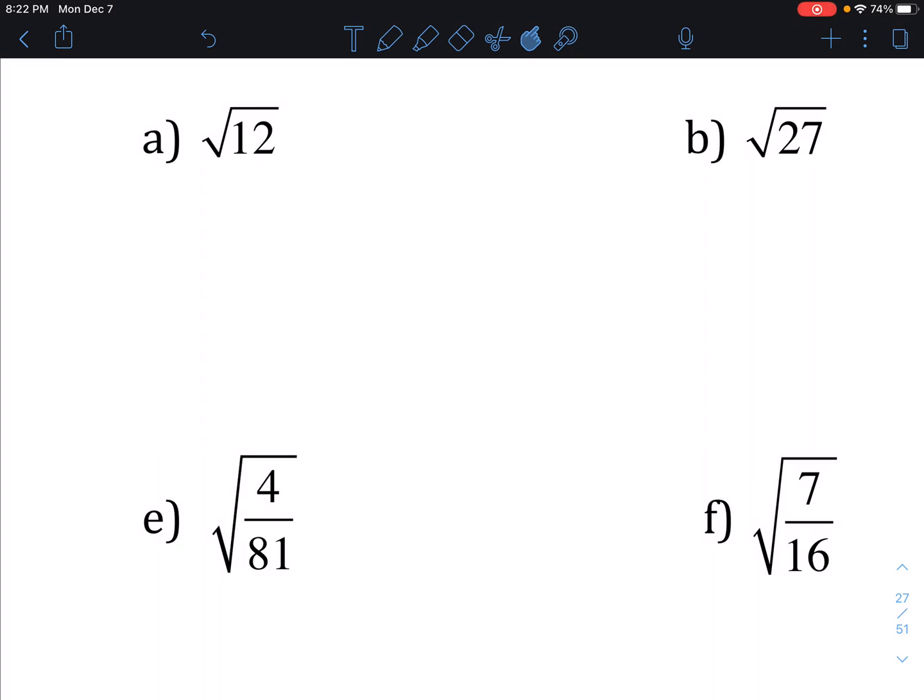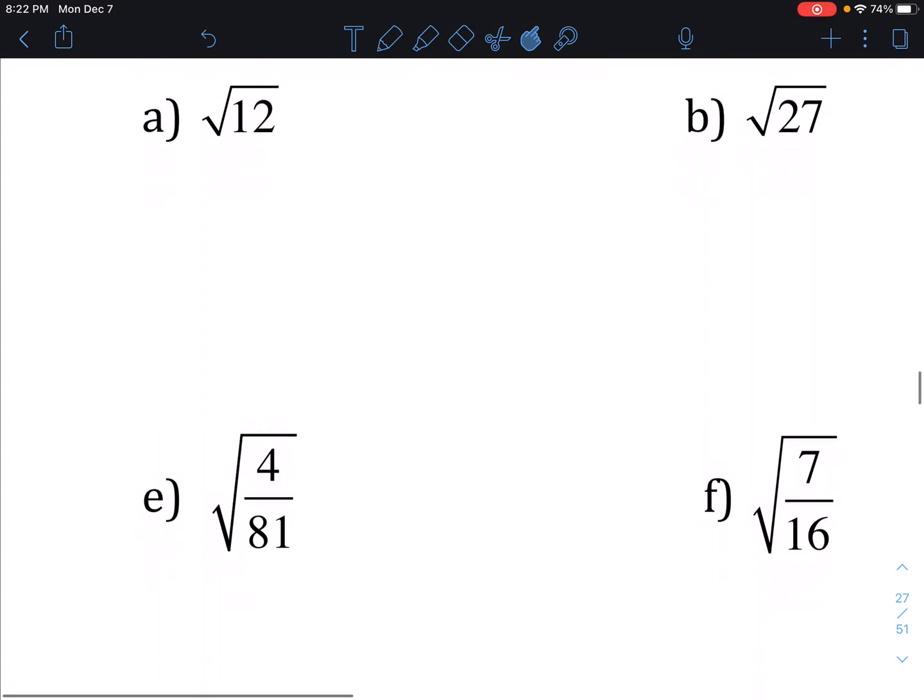If you can't remember what a perfect square is, remember the examples are 1, 4, 9, 16, 25, 36, 49, 64, 81, 100, and so on. These numbers that I just said, when you square root them, you get a whole number as an answer. So what can I break 12 into? Two numbers that multiply to get 12, but one of them is a perfect square.